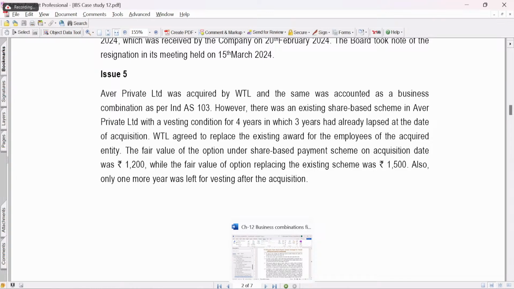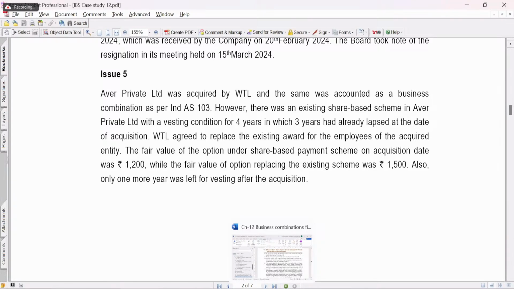When we are acquiring any entity, we are acquiring the assets and liabilities. After the business combination, we have to prepare a consolidated balance sheet. Sorry, first of all, let's see what we do when we are combining the business.